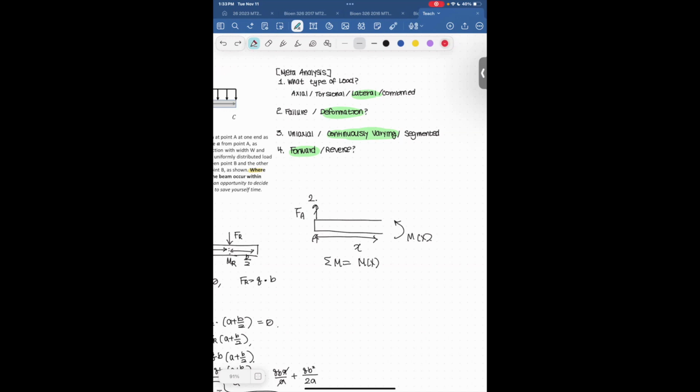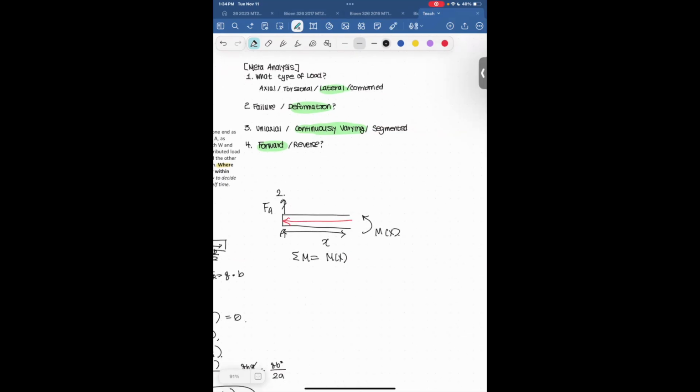Therefore, the x direction should be over here, pointing to the left. So using the right-hand rule, this moment at point A, because of the internal force, is going to be negative. It's going to be negative x times FA, right? And that should equal 0, meaning that Mx is equal to x FA.